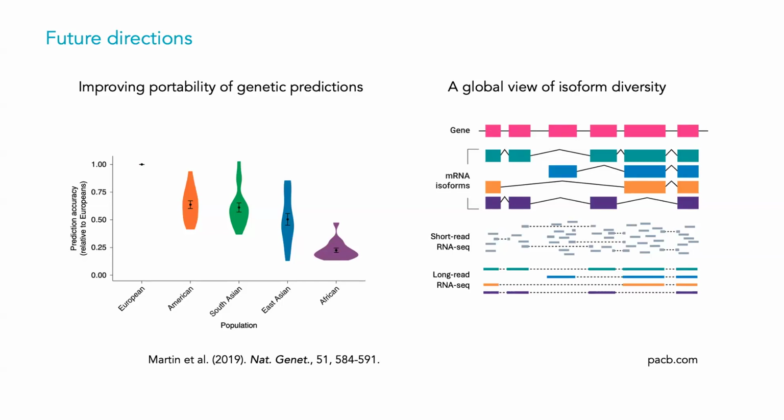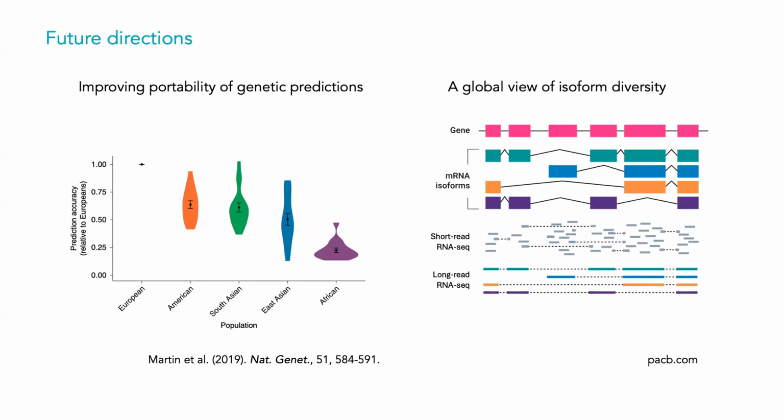And one classic result from the field now is that genetic predictions that are built on a one-population training sample, for example, Europeans, don't necessarily generalize well to other groups. And through research in the field, we have a good understanding that this is probably mostly driven by differences in linkage disequilibrium.